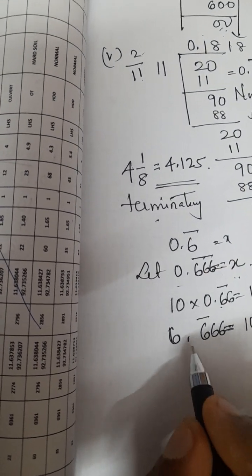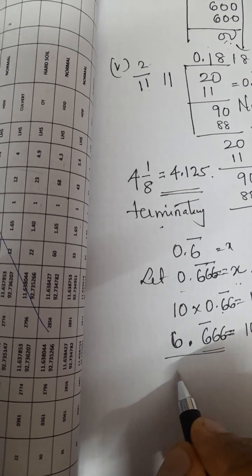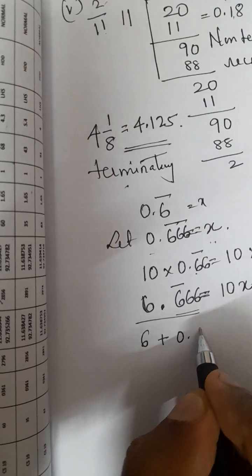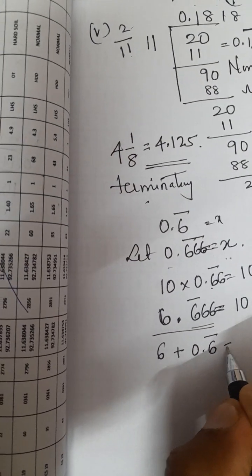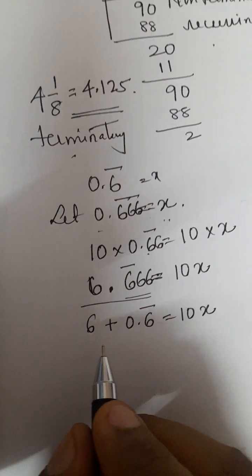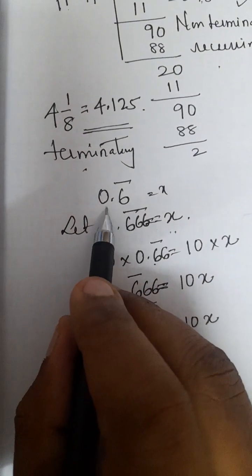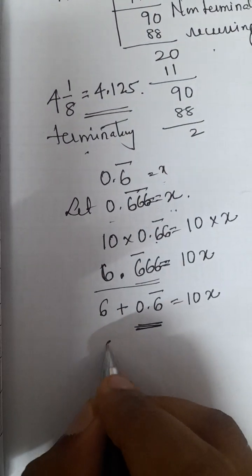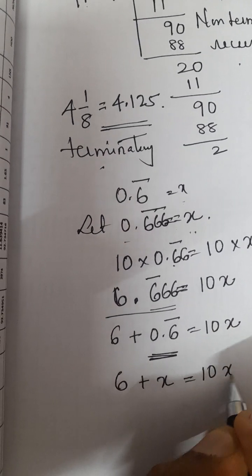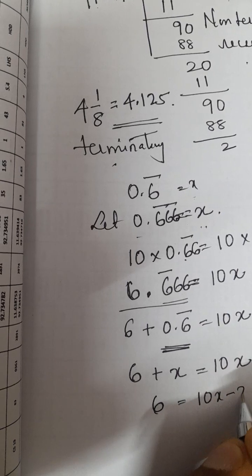So now this can be written as 6 plus 0.6 bar is equal to 10x. I can write it in this format. And I know that this 0.6 bar is nothing but x, as per our assumption. So 6 plus x is equal to 10x. So 6 is equal to 10x minus x.